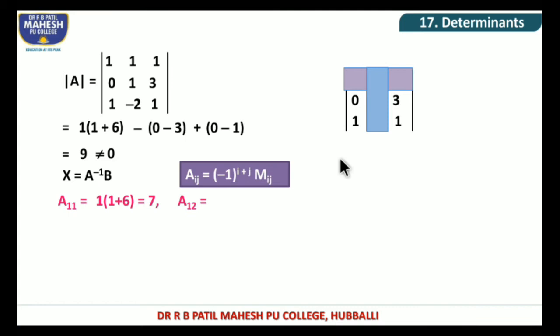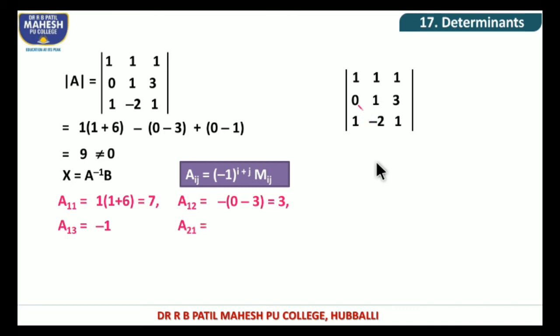For A12 we have the sign minus, and it is 0 minus 3, so minus of minus 3 becomes plus 3. For A13 we have the sign plus, and the remaining determinant is 0 minus 1, so it is minus 1. For A21 we have the sign minus, and the determinant is 1 plus 2, which is 3, so it is minus 3.